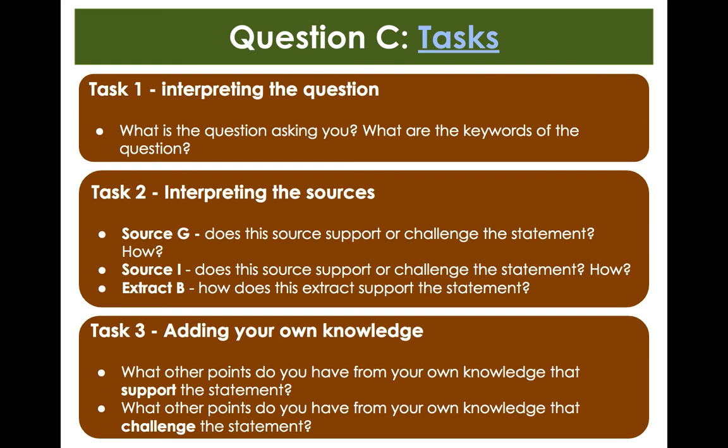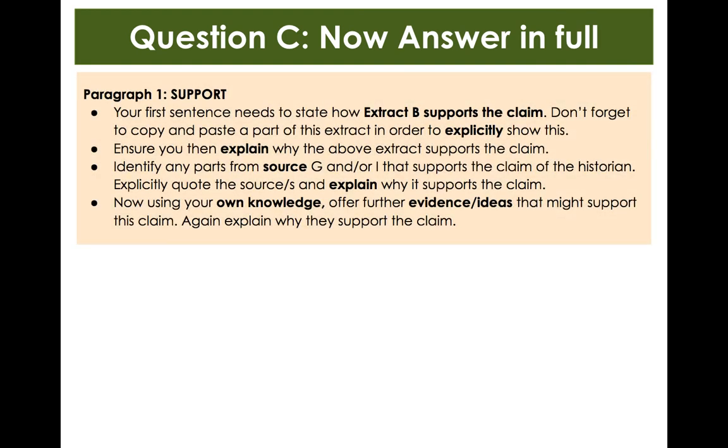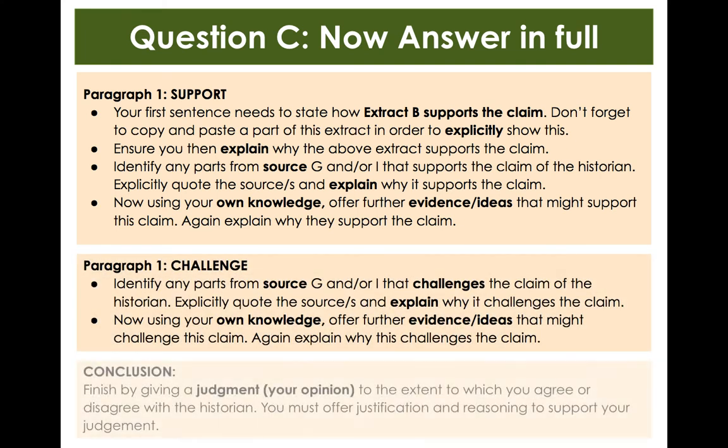Once you've completed that, you're going to answer the question in full. I've laid this out in succinct paragraphs with what you need to do. Follow these step-by-step guidelines in terms of what you need to write and how you need to write it. You should be using the extract B that you've been given pretty much only, I would say, in the support paragraph.